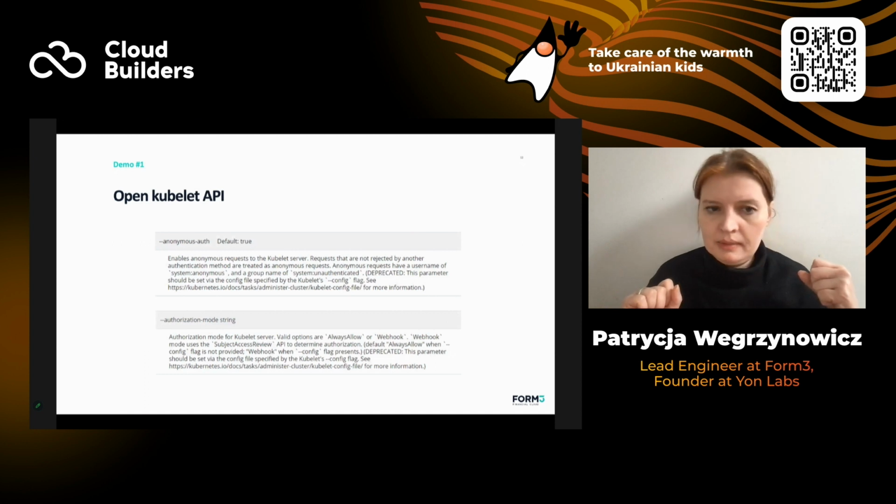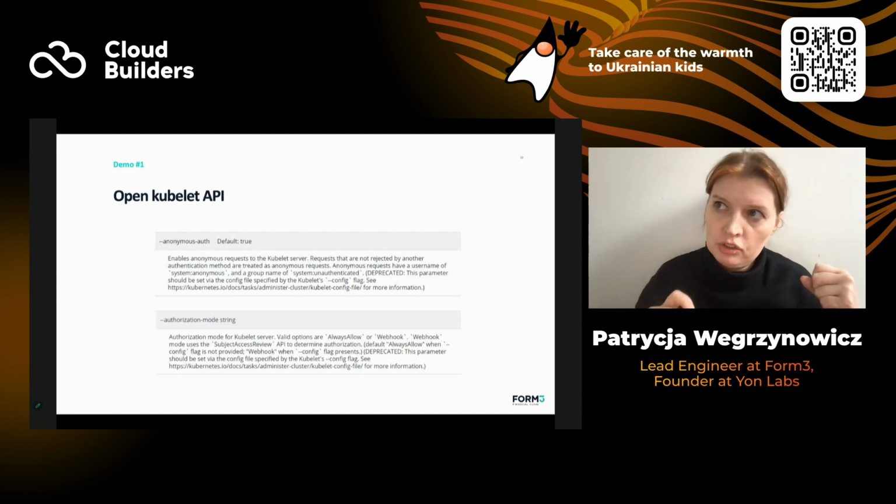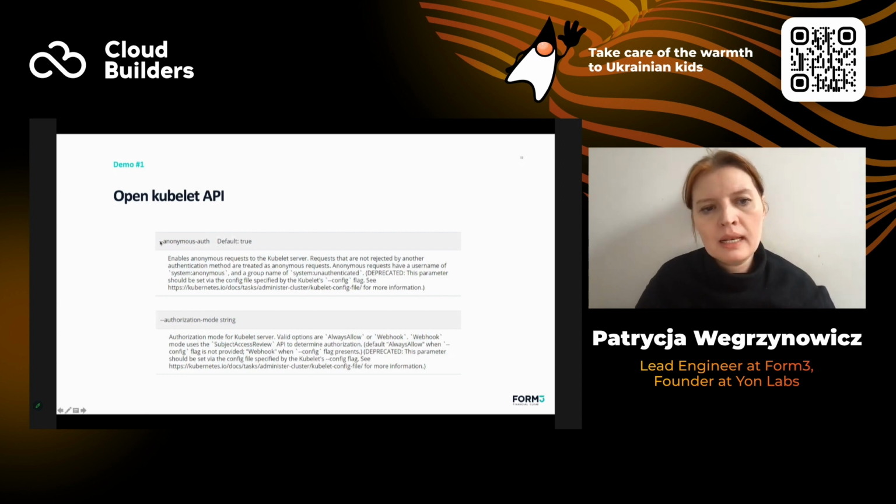Why did it happen? It happened because that's the default. If you use self-managed Kubernetes, you must be very careful because the default is to allow anonymous authentication and authorization mode always allow. So those are the defaults.